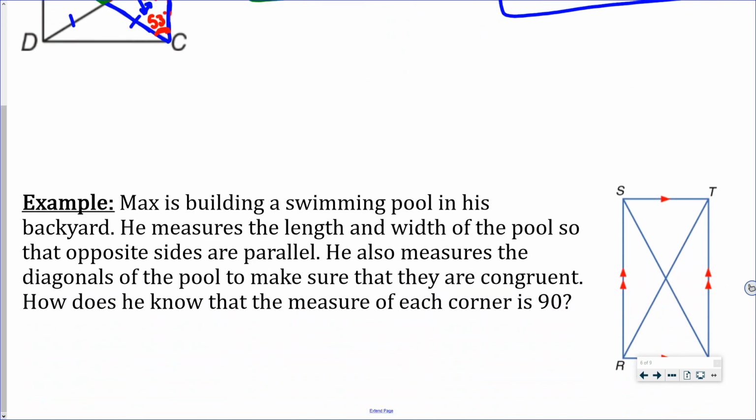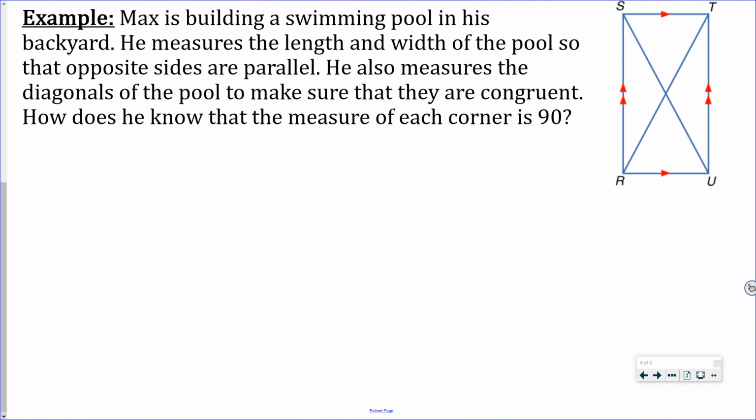All right, next one here. Max is building a swimming pool in his backyard. He measures the length and width of the pool so that opposite sides are parallel, as shown. He also measures the diagonals of the pool to make sure that they are congruent. How does he know that the measure of each corner is 90 degrees?